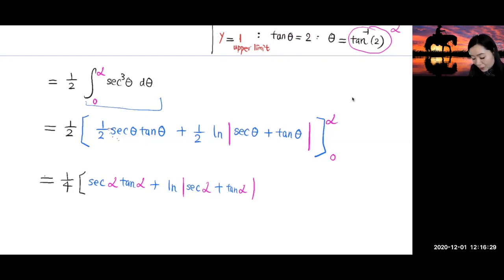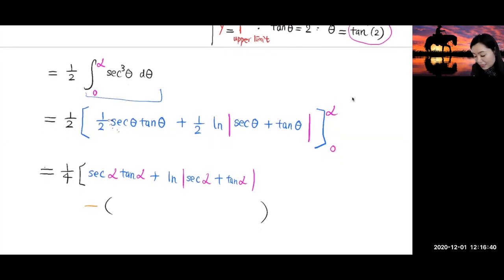Now you subtract the whole thing with the lower limit 0 substituted. Let's write it down first: tangent of 0, and then plus ln of secant of 0 plus tangent of 0.